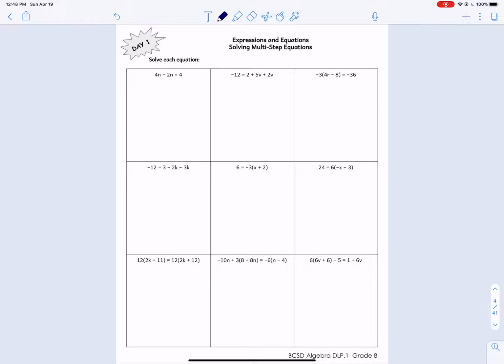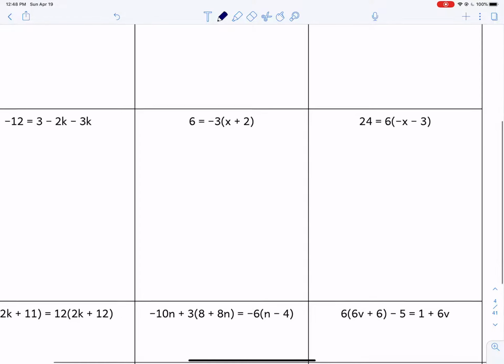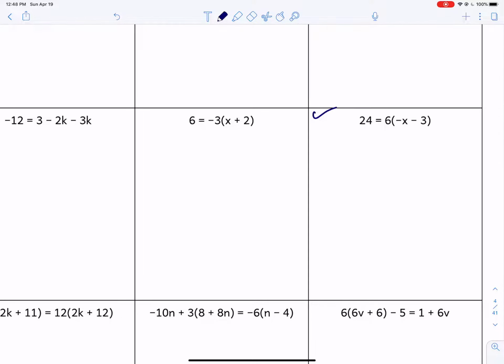Okay, so looking through this, this should not be any trouble at all. I mean, you guys are really good at solving equations, but let's just do one that might have some problems, maybe with some negatives, things that we kind of typically overlook. I'm going to do this one right here.